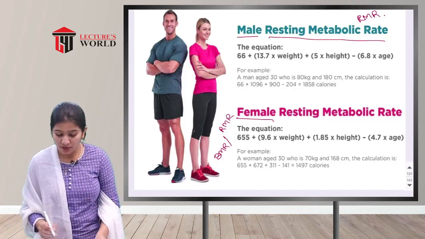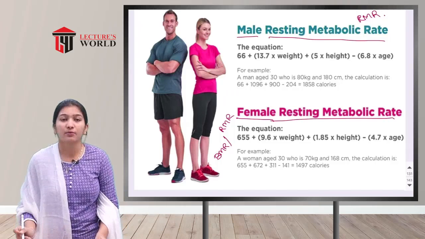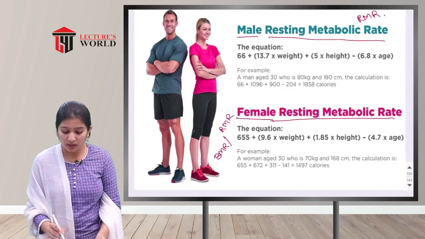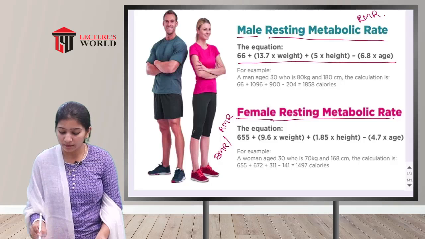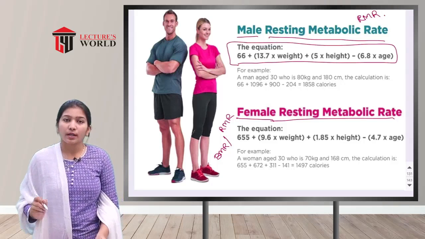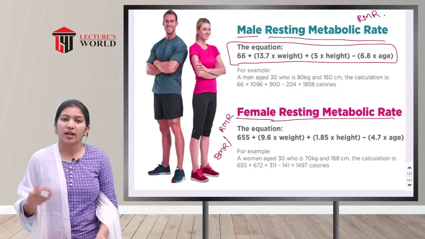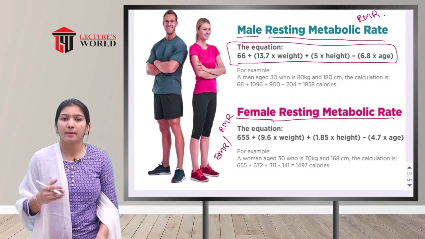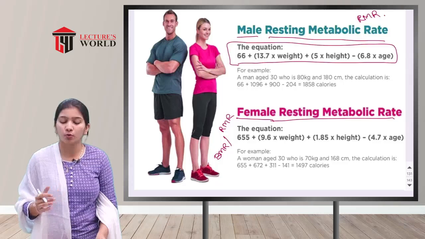So here they have differentiated the BMR of males and females. You can see the formula over here, the equation. If any gents want to calculate their basal metabolic rate, what do they need to do?